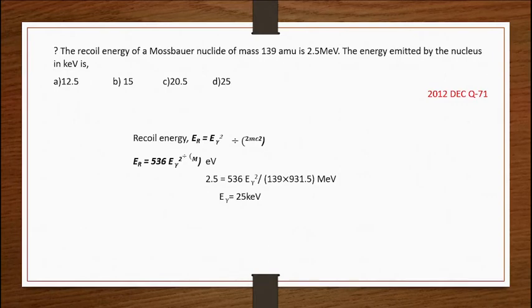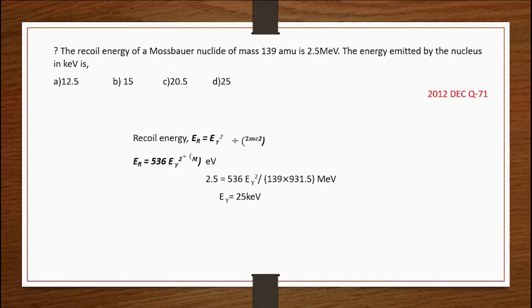During the gamma radiation, the amount of energy emitted is E gamma, and this can also be written in another form, ER is equal to 536 E gamma square divided by M. So this is the equation in electron volt, and here the mass is presented in AMU. If the mass is in AMU and the recoil energy is in electron volt, then this is the equation.